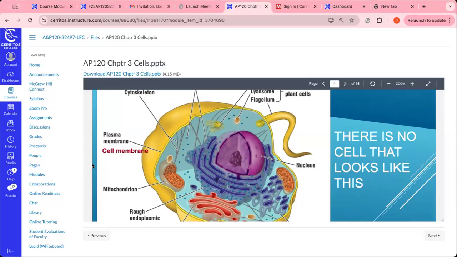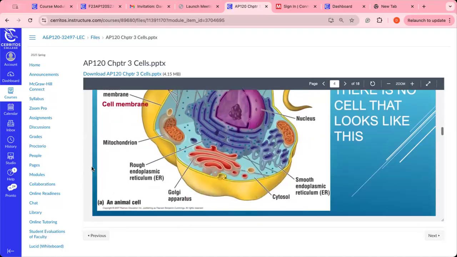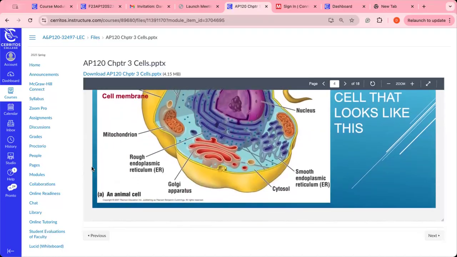If you scroll up, you'll see. And then you have the Golgi apparatus and the smooth endoplasmic reticulum. Between the smooth endoplasmic reticulum and the rough endoplasmic reticulum, that's like the highway through the cell.